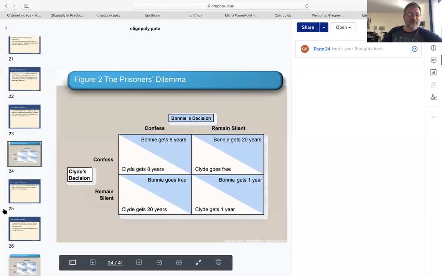Remember, you have monopoly, which is just one seller, and then you have two sellers, the simplest case of oligopoly. That's what we're going to study, and it's called duopoly. So you have just two firms in the market. In our case, I can actually show you guys really quickly.